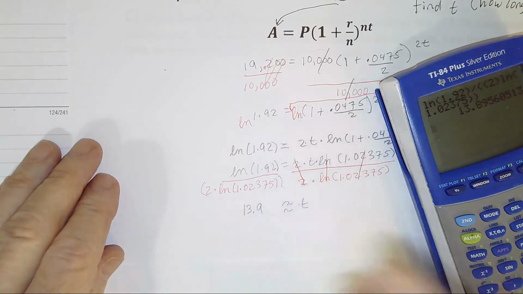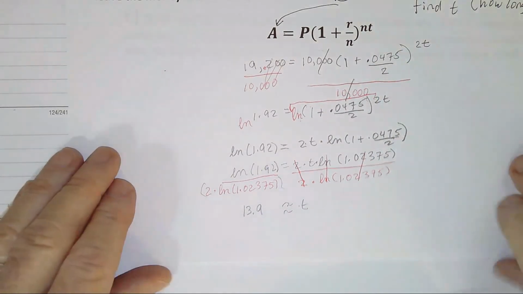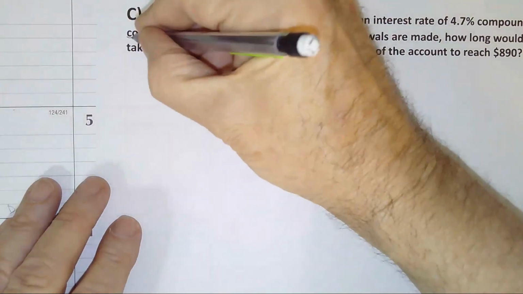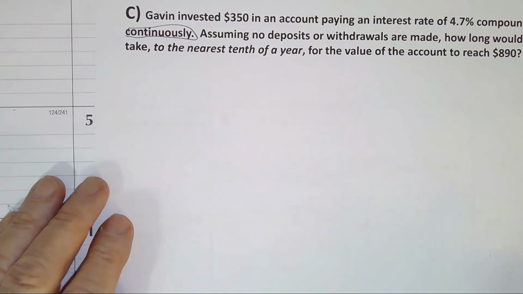Okay, all right. Believe it or not, we have one more. So Gavin invested $350 in an account paying an interest rate of 4.7% compounded continuously. If you remember, this is the famous PERT formula when you're doing continuously.